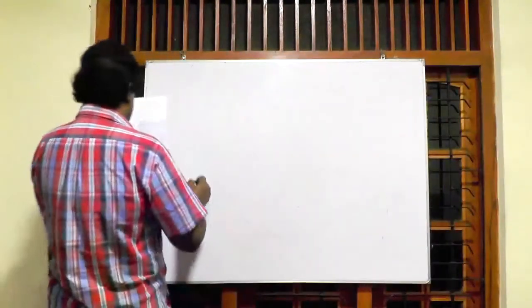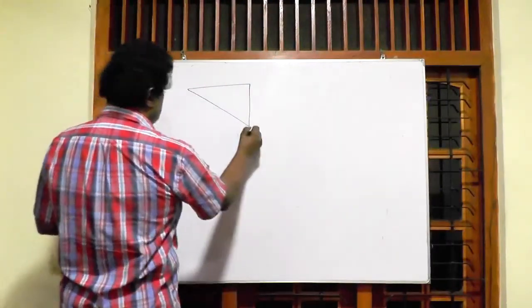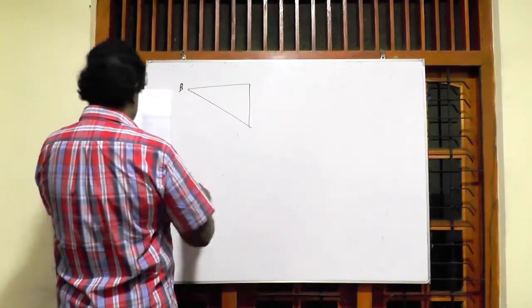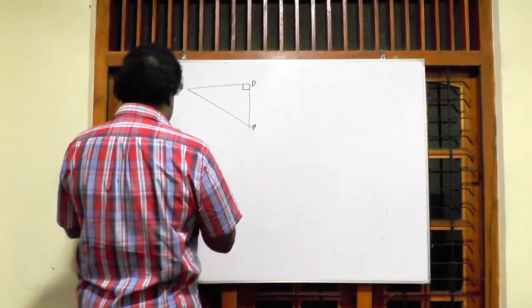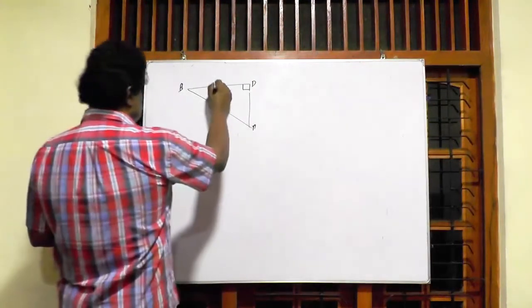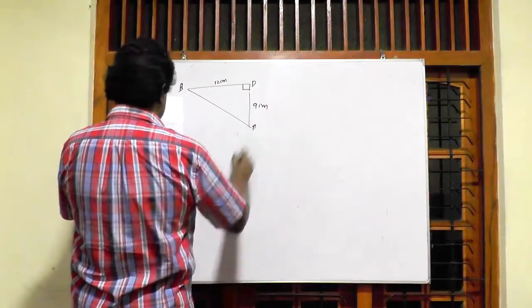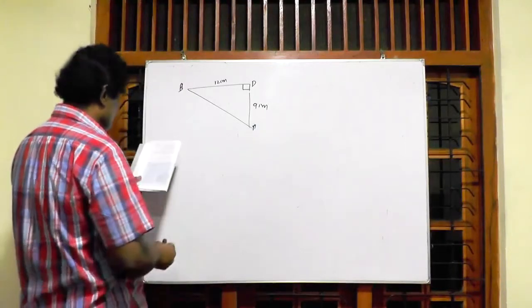Here, now I am going to draw the given diagram. The vertices are B, A and D. This angle is a right angle. The length of this side is 12 centimeters. The length of AD is 9 centimeters.